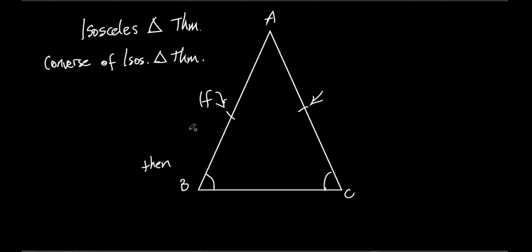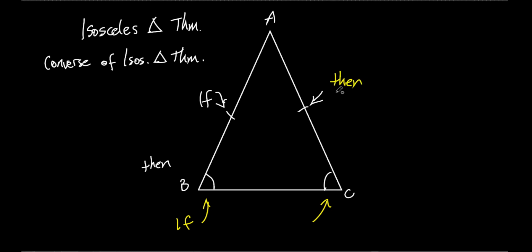The if part was if the two sides were equal to each other. So what do you think the converse of it's going to be? We switch the if and the then. So this one's going to be if the angles. So now, let's do this in a different color. This one says, if the angles are equal to each other, what?